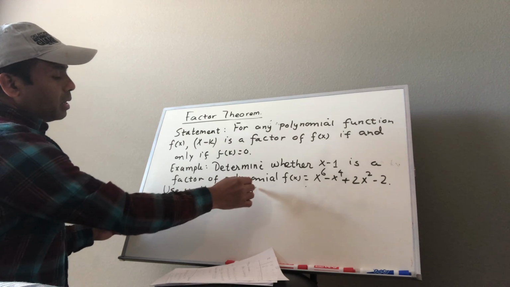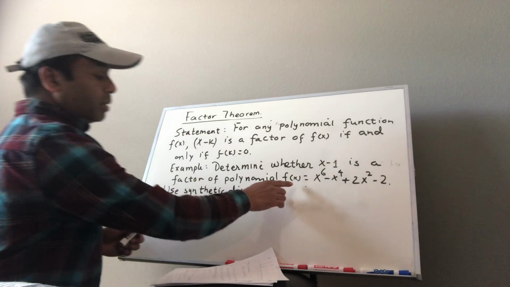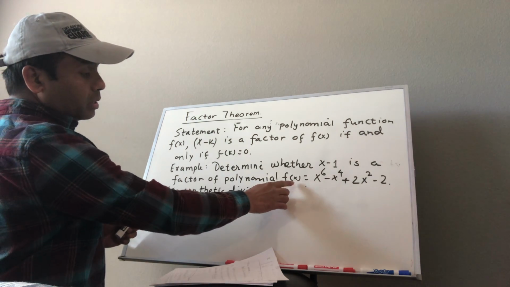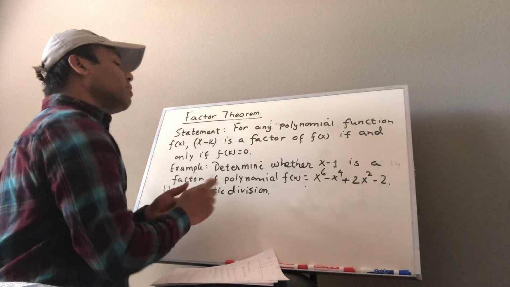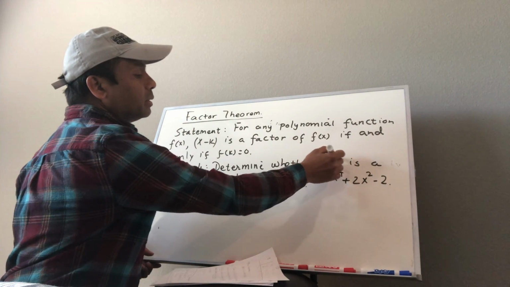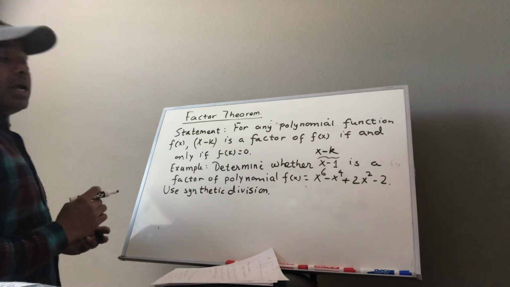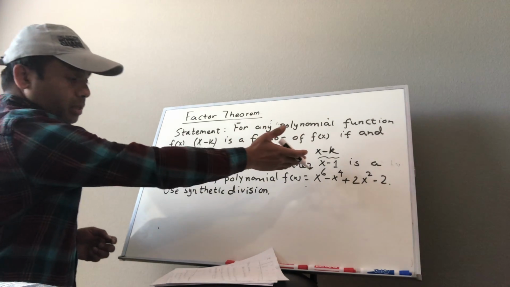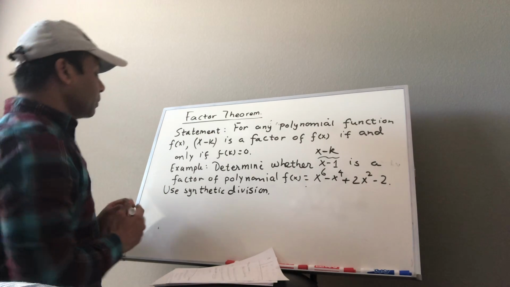So you know that we can use the synthetic division because this f(x) is divided by what? A linear factor, right? Your divisor here is in the form of x minus k.